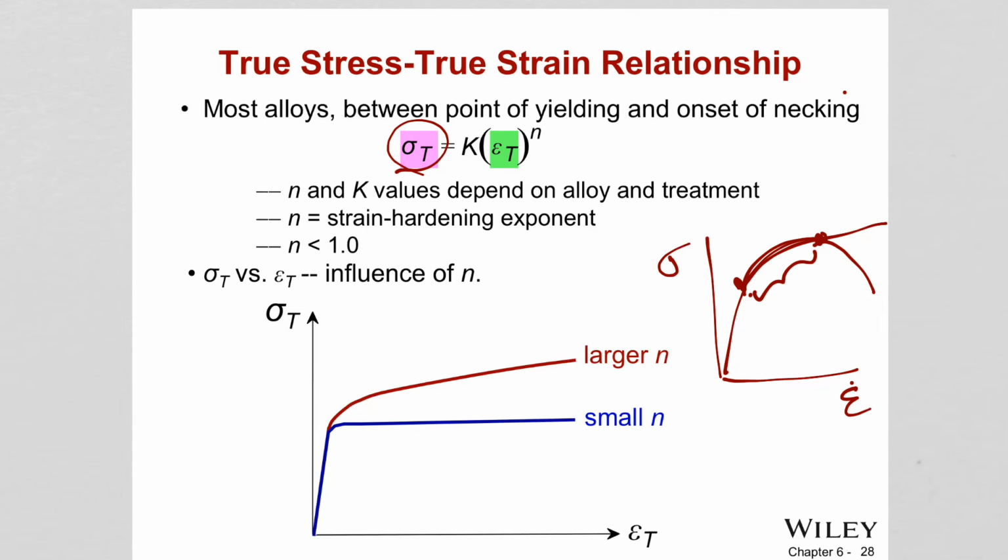Strain hardening, basically hardening means strengthening. With strain the material is getting stronger, so in that region, the power n is called the strain hardening exponent, and it tells us how effective the deformation is in strengthening that material.